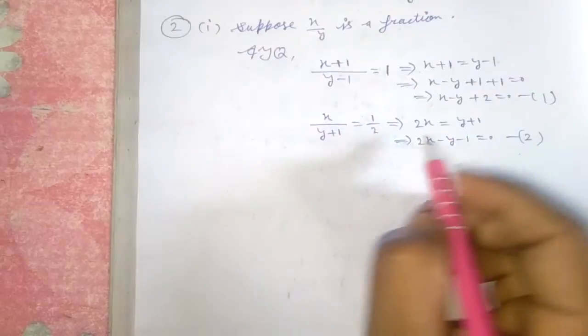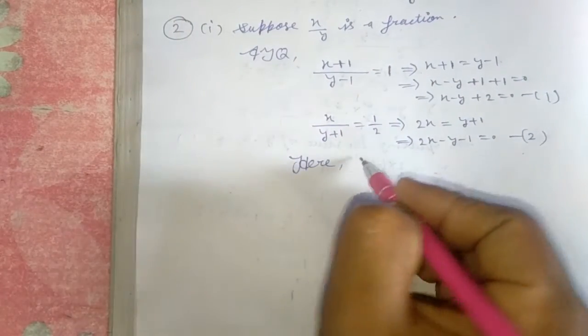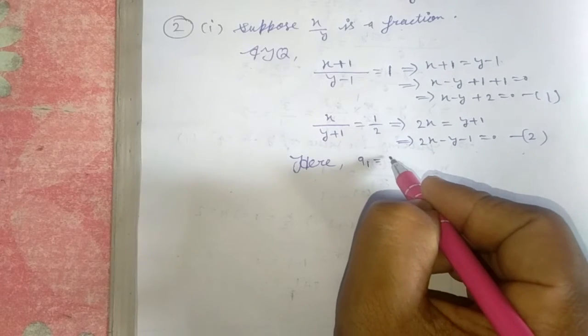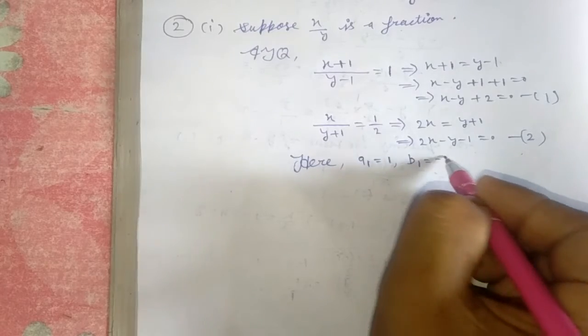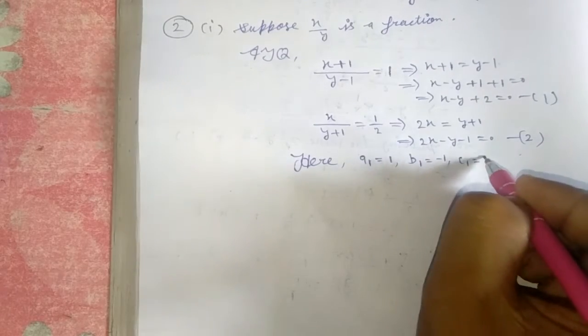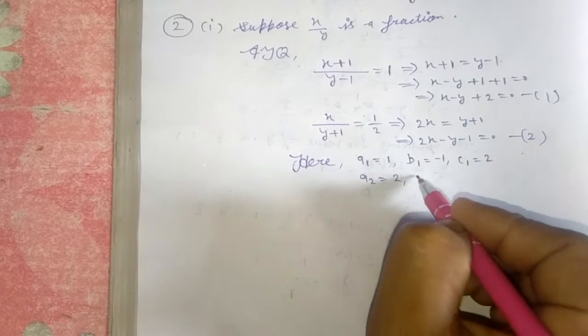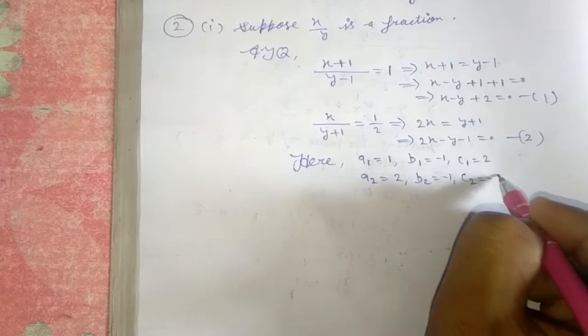Equation 2. Here we identify the values: a1 is equal to 1, b1 is equal to minus 1, c1 is equal to 2, a2 is equal to 2, b2 is equal to minus 1, c2 is equal to minus 1.